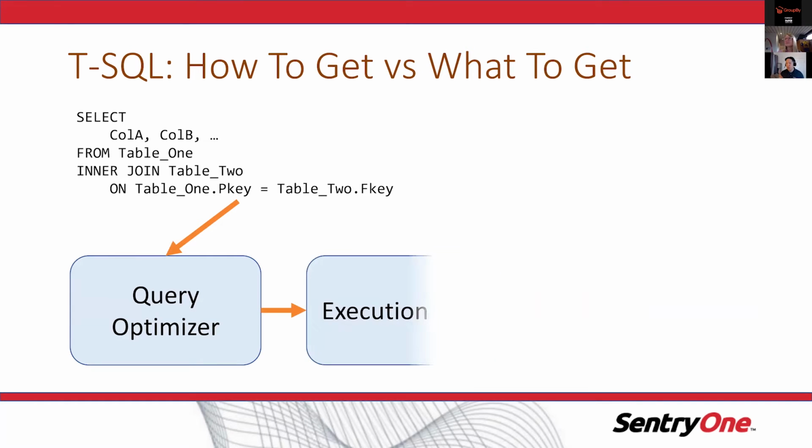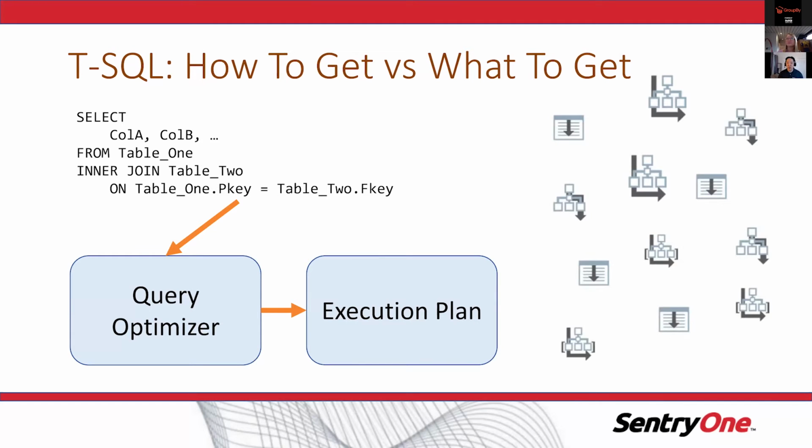And the query optimizer comes up with an execution plan. Because here's the thing, that execution plan is what actually contains whether I'm going to do an index seek or an index scan or a nested loop join or a hash join. The physical operators: exactly what am I going to be doing, or how am I going to be getting the data? The key distinction is that T-SQL is what's called a declarative language.